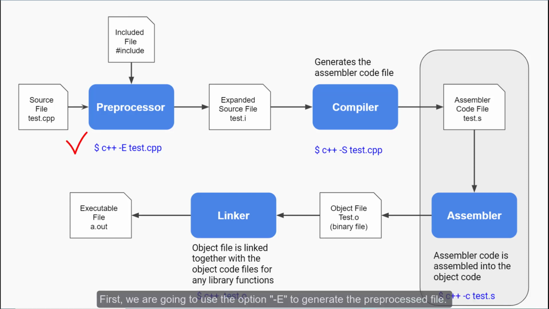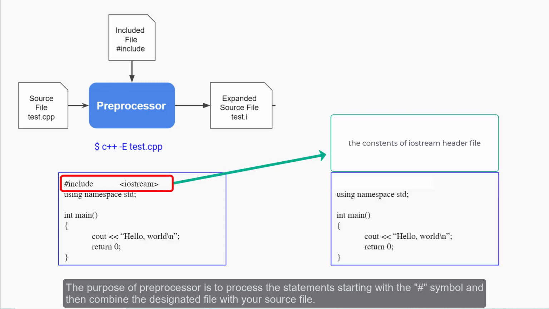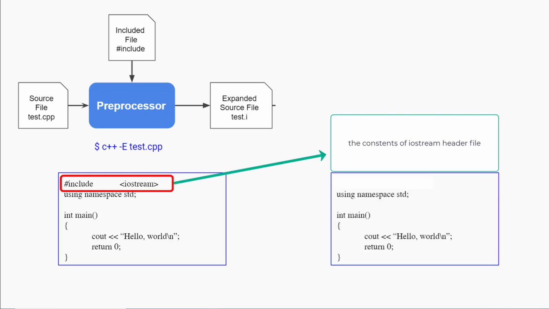First, we're going to use the option capital E to generate the preprocessed file. The purpose of the preprocessor is to process the statements starting with the pound symbol, and then combine the designated file with your source file. Let me show the preprocessing in the Ubuntu window.